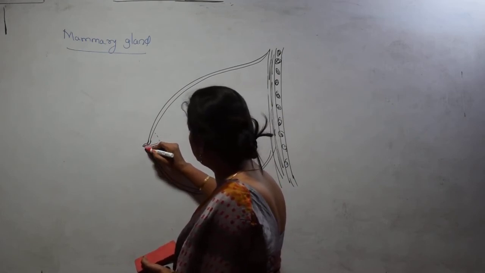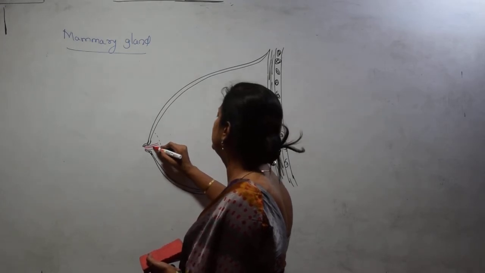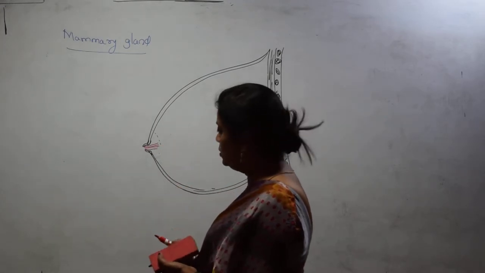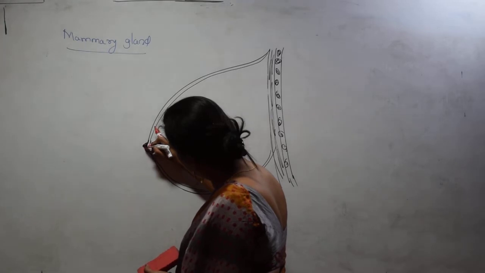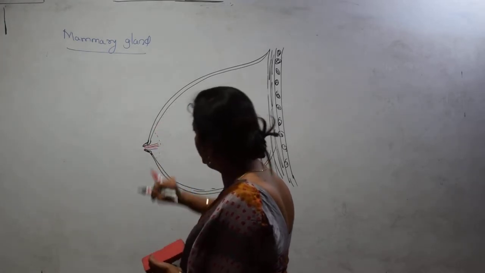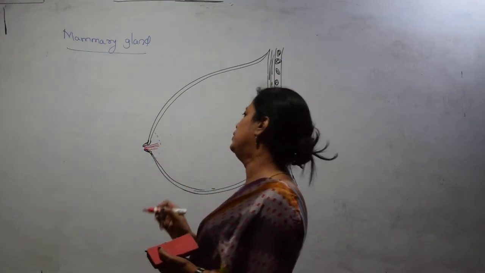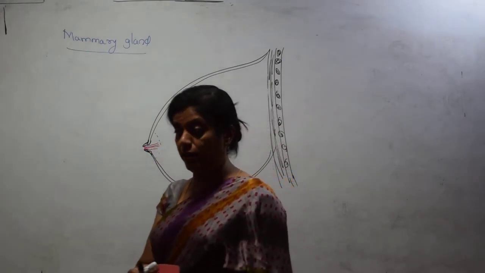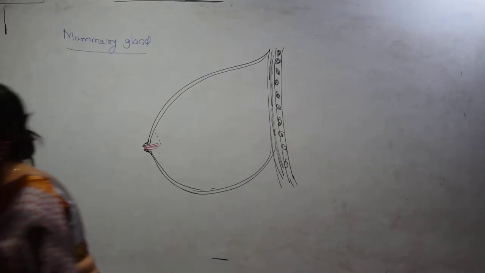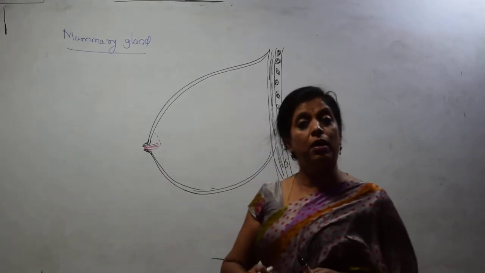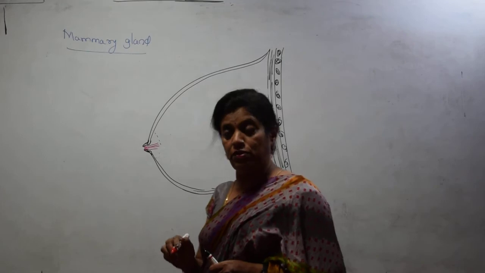This is one lactiferous duct, this is another lactiferous duct. This is in the nipple. This is what the mother is going to feed the baby with, so that the baby will remain healthy, because the mother's milk contains maximum antibodies against most of the diseases.